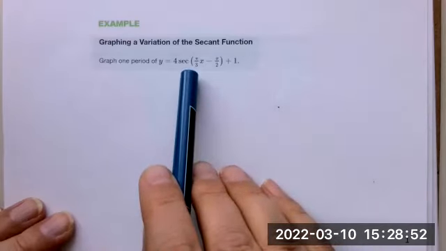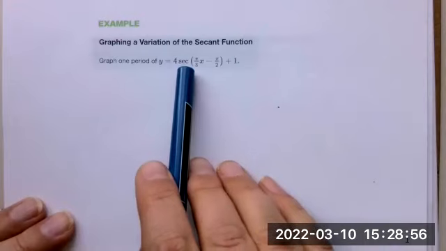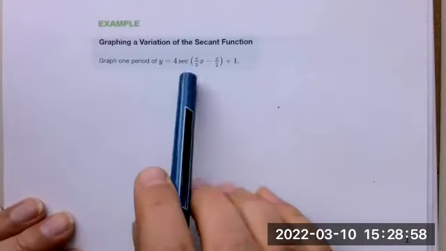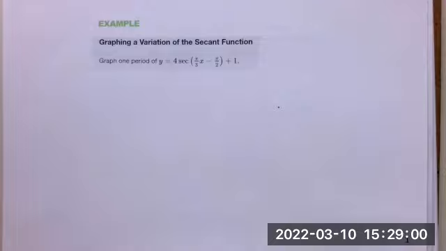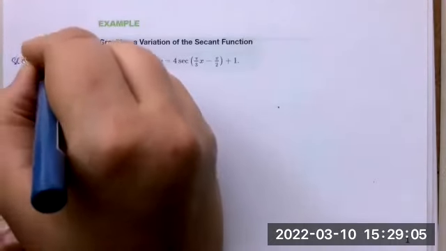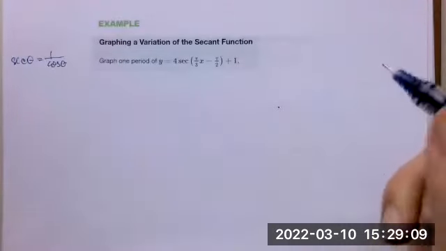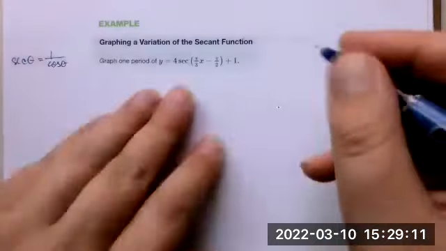So what I recommend is start by graphing the corresponding cosine function, right? Secant is 1 over cosine. So start by graphing the corresponding cosine function.